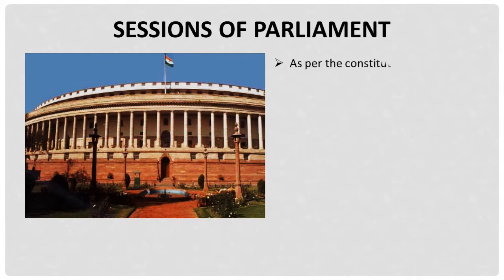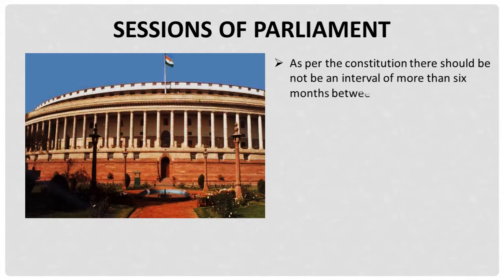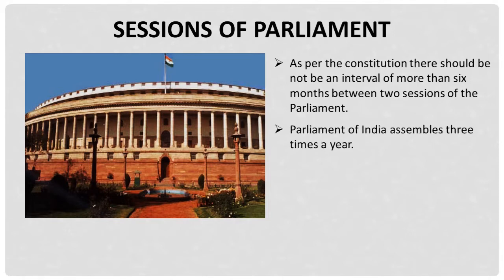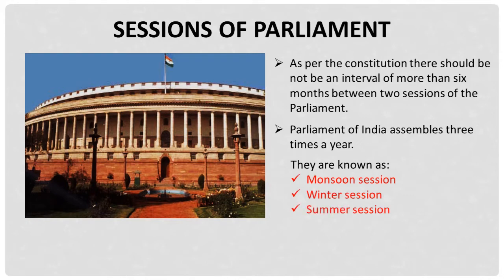As per the constitution, there should not be an interval of more than 6 months between two sessions of Parliament. Normally, the Parliament of India assembles 3 times a year. They are known as the monsoon session, winter session and summer session. If needed, the Rajya Sabha assembles 4 times a year.